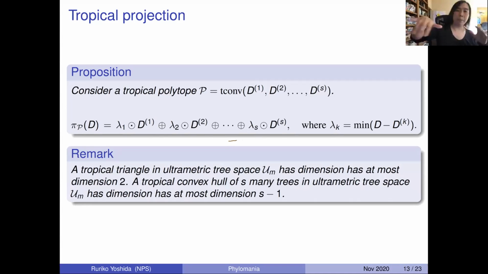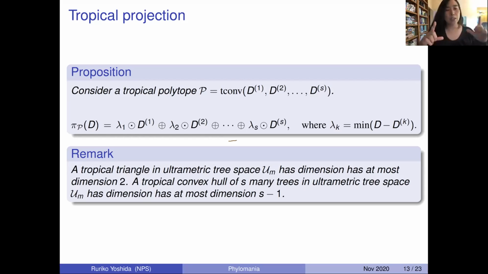Basically, the convex hull in terms of the BHV metric had a crazy dimension, basically unbounded. But in this case, if you think with the tropical metric, the dimension of the tropical convex hull acts exactly like Euclidean space.